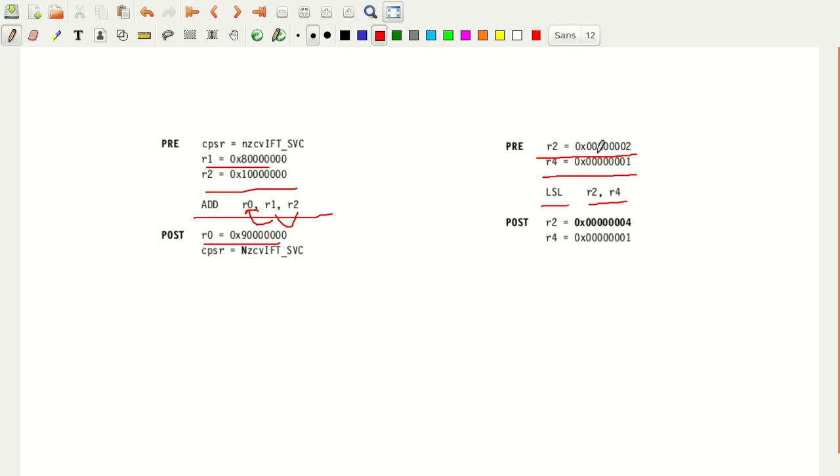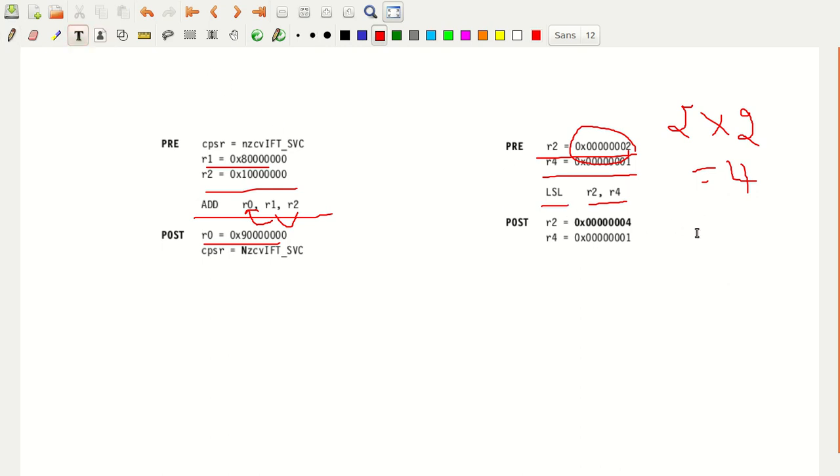Here that 2 is logically shifted left by 1 bit. Whenever it is logically shifted left by 1 bit, you are multiplying it by 2 raised to 1. So that is 2 into 2. What do you get? The answer is 4.